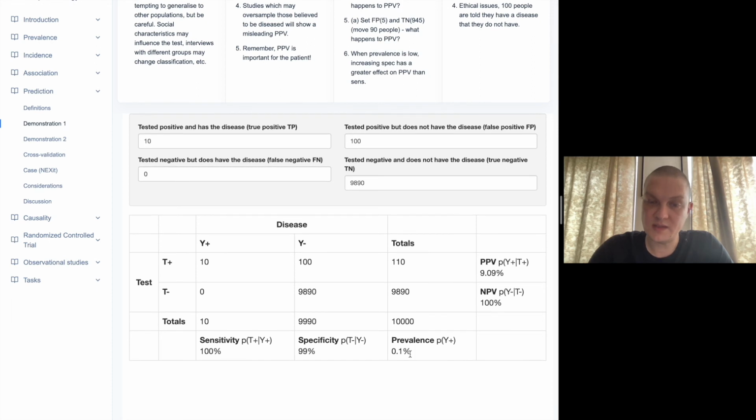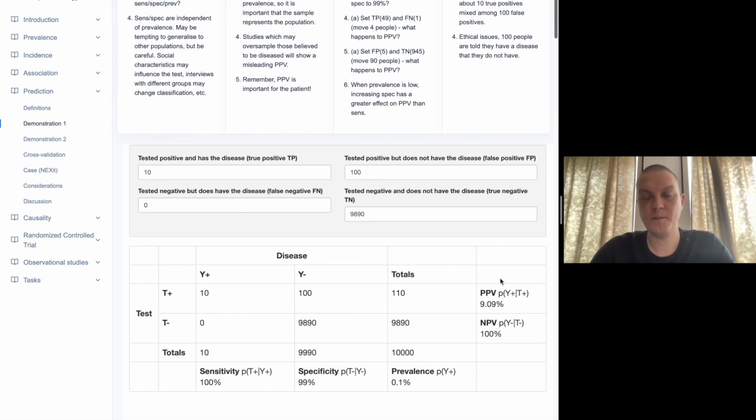The prevalence of disease is quite low. So it's only 0.1%, which in some cases might actually be high, but in this case, of all the experiments we've looked at so far, this is the lowest prevalence we've seen. Now the positive predictive value is low. Why?